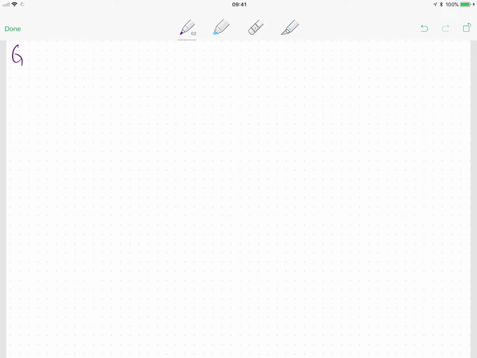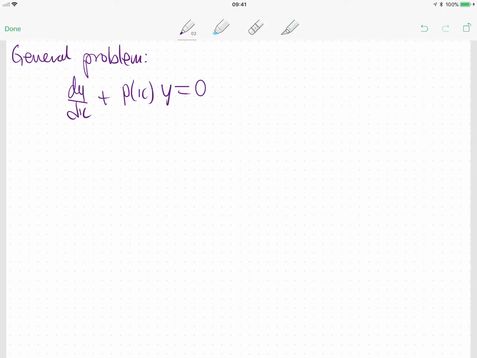Okay, so the general problem, we've already seen the general form. dy dx plus p of x times y is q of x, and we want the product rule to appear on the left hand side.